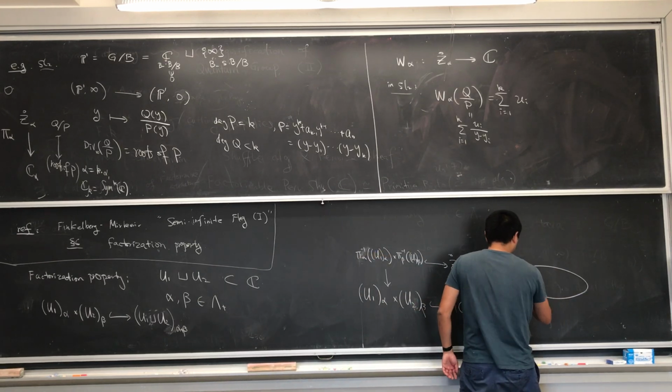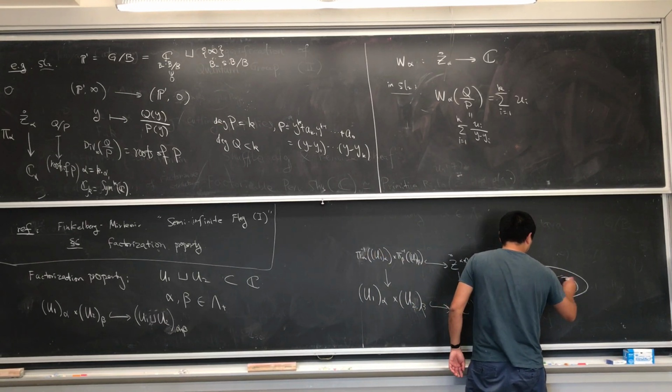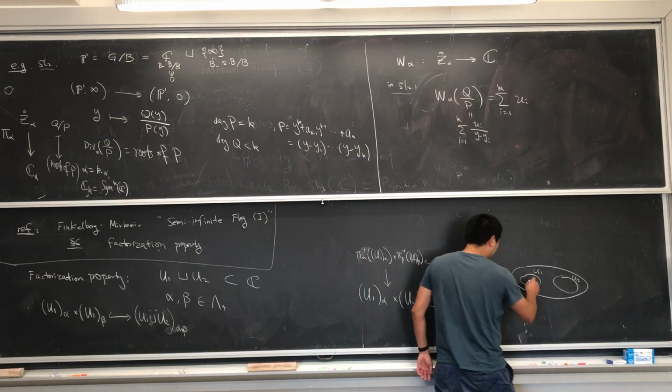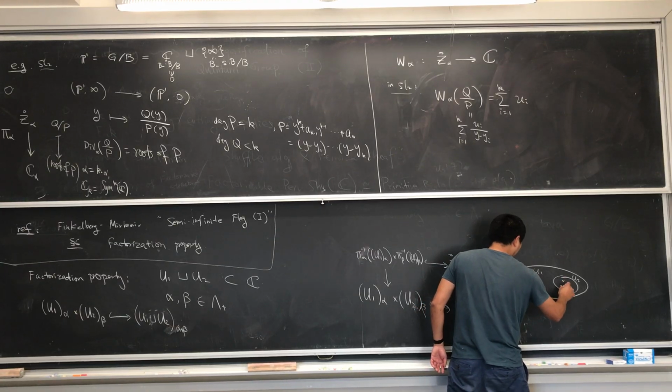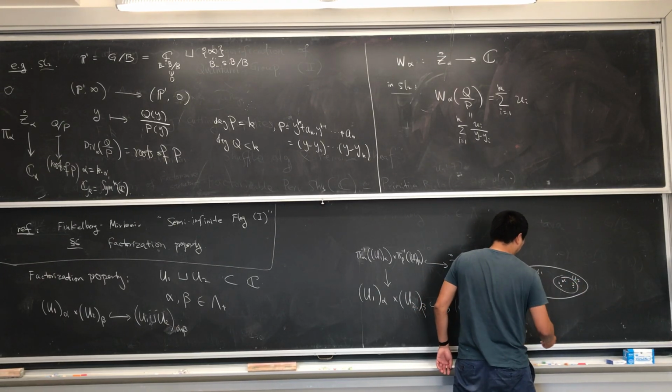Suppose you have U1 and U2, and some points here colored, let's say 1, 1, 2, and colored 2, 2, 3, for example.